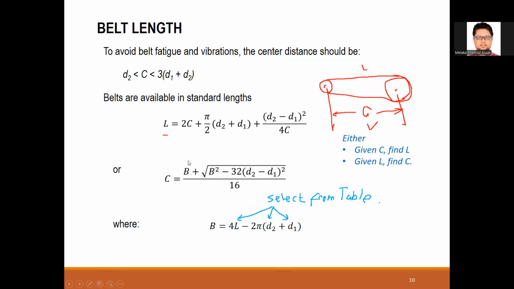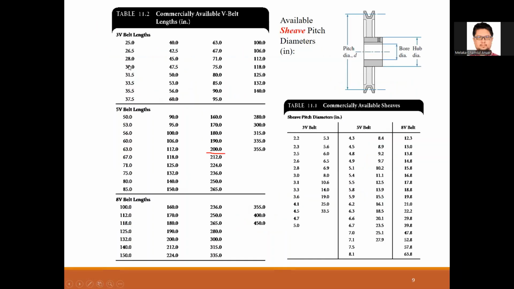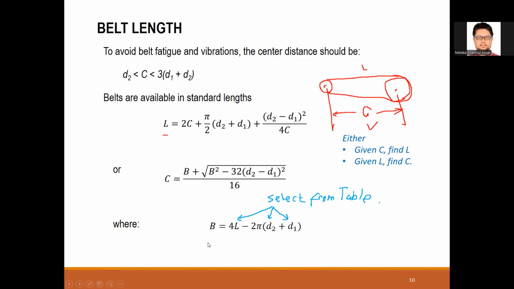Okay, so once you select the real belt length that is available, you can calculate this B value and then plug it into this one, and you can find the center distance, the realized center distance.